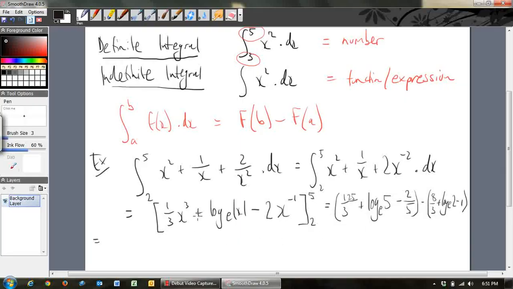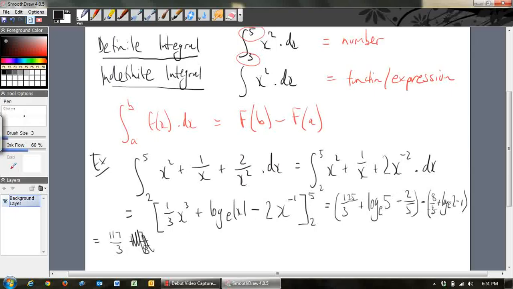We have 125 over 3 minus 8 over 3, which is 117 over 3. Then we've got minus 2 fifths and minus 1. Actually, sorry, there's a minus there, so that makes it a plus.